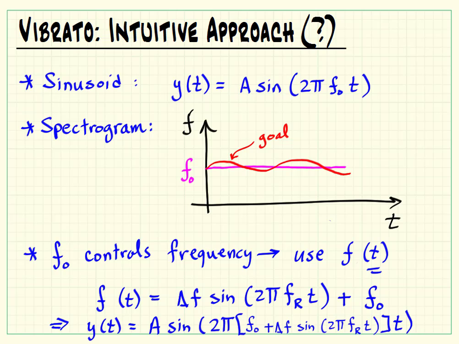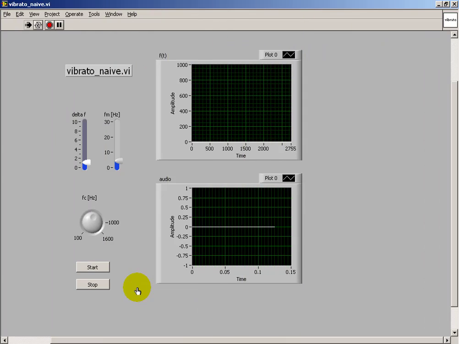Well, let's check this out, listen to it, and see how well this actually works. I have a LabVIEW VI set up that implements that exact equation. I have controls for delta f, which would be depth, and I'm calling it FM for modulation frequency, but that's our rate. FC controls my tone frequency, and I'm plotting the time-varying function and looking at the audio.